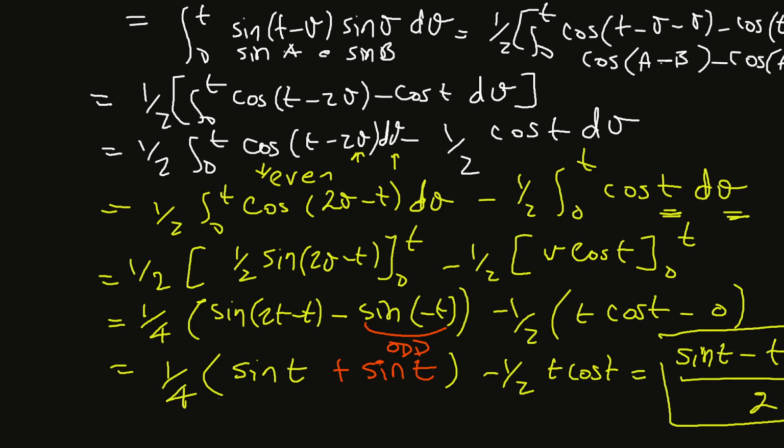In this case, it's sine, and that puts us, you have sine times sine, which means a product-to-sum rule can be used, and we just keep going with the regular integration, and that puts us in a nice formula, which is sine of t minus t cosine of t, divided by 2.